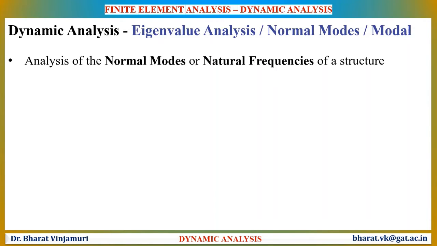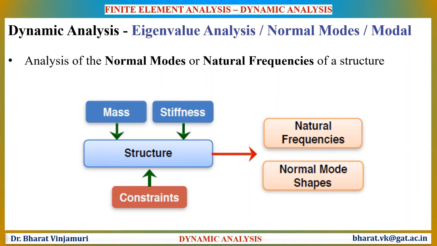By understanding the dynamic characteristics of a structure experiencing vibrations, we can prevent resonance and damage of the structure. During this analysis, the effect of load is not considered. The main objective of this analysis is to determine the natural frequencies and normal mode shapes.